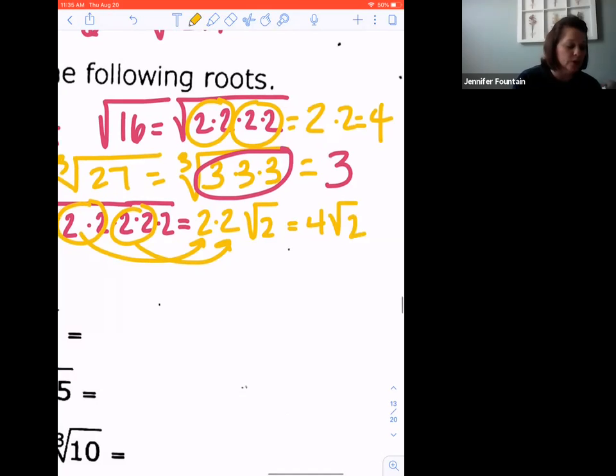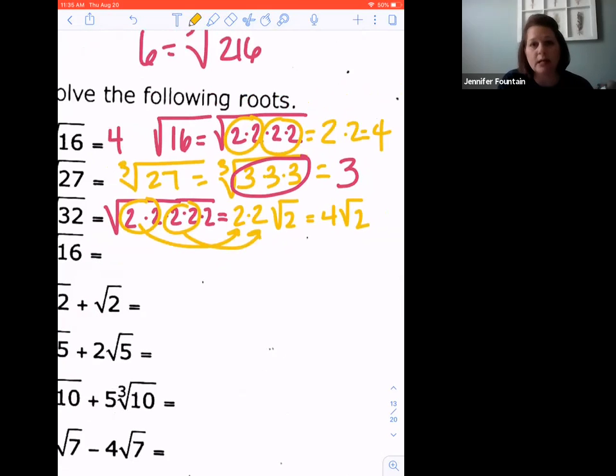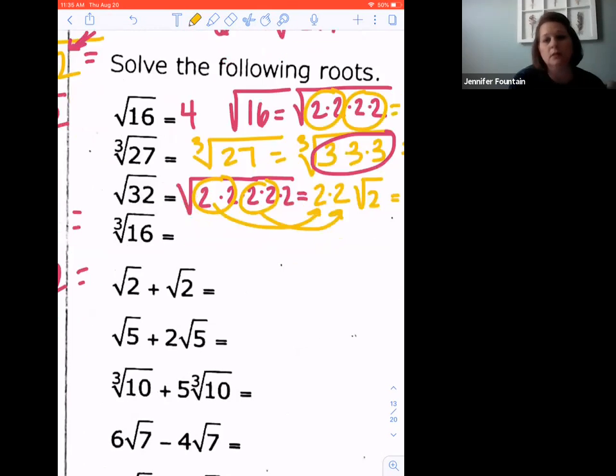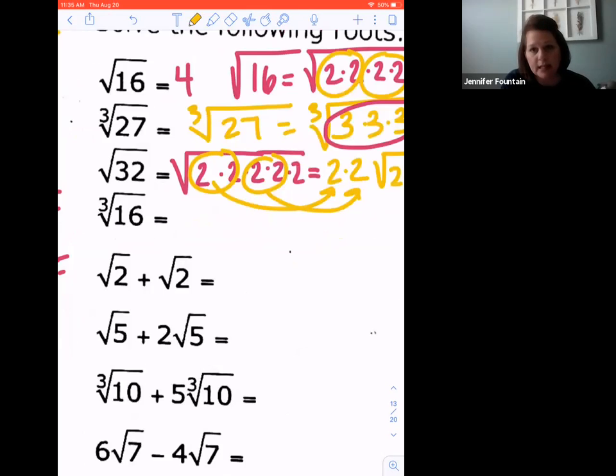At any point that we are going through this and you do not understand why I'm doing what I'm doing, please stop me, okay? Please don't hesitate to ask. Simplifying radicals is going to be a skill that you are going to see from here on out, okay? So it's important that you understand what radicals are. It's important that you get comfortable with them and that you're not intimidated by them. I know a lot of times when we see something new, something different, it's real easy to get overwhelmed by it.